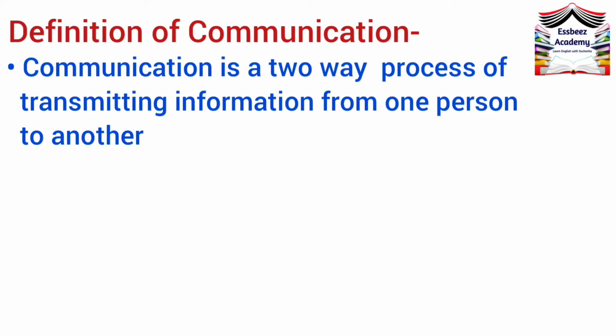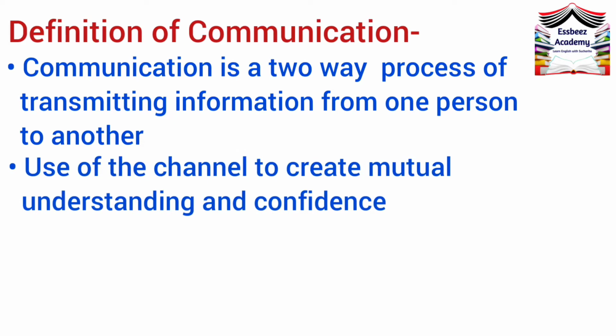So only true and effective communication can take place when you are also equally participating in the process, when you are also giving your feedback that you are able to understand what I am trying to communicate. That is called communication.